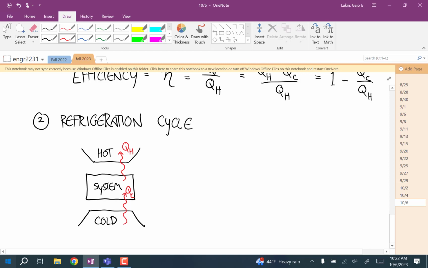The Clausius statement of the second law says that isn't going to happen spontaneously. So the way you get that to happen is by doing work on the system. Okay?